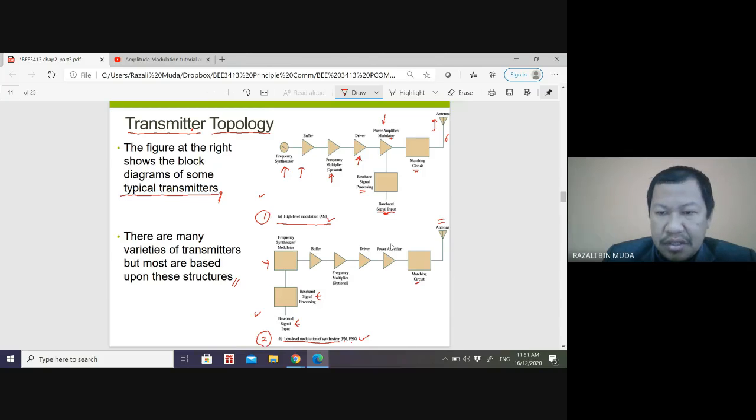So what is the difference? The difference is this part, the baseband signal processing. In the first diagram it is in the middle of the diagram, and in the second, for low level modulation, the baseband signal processing and baseband signal input are at the beginning of the block diagram.